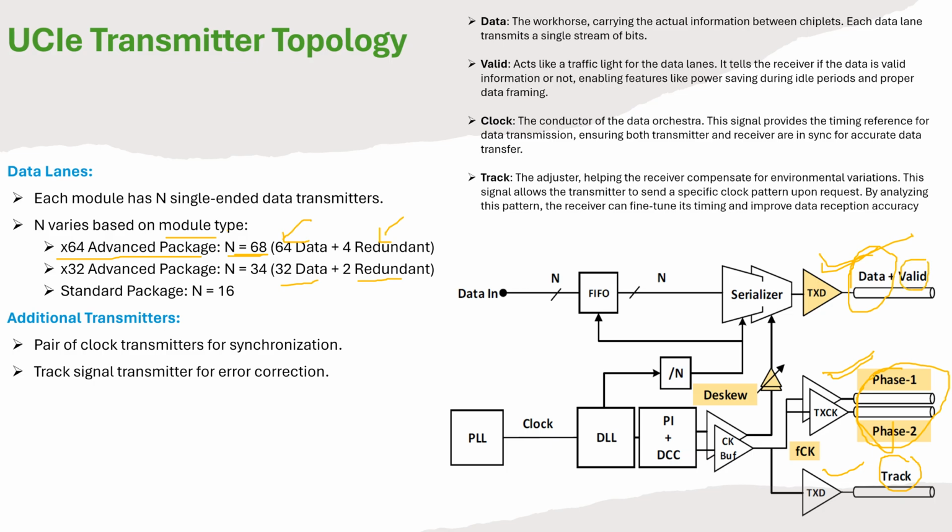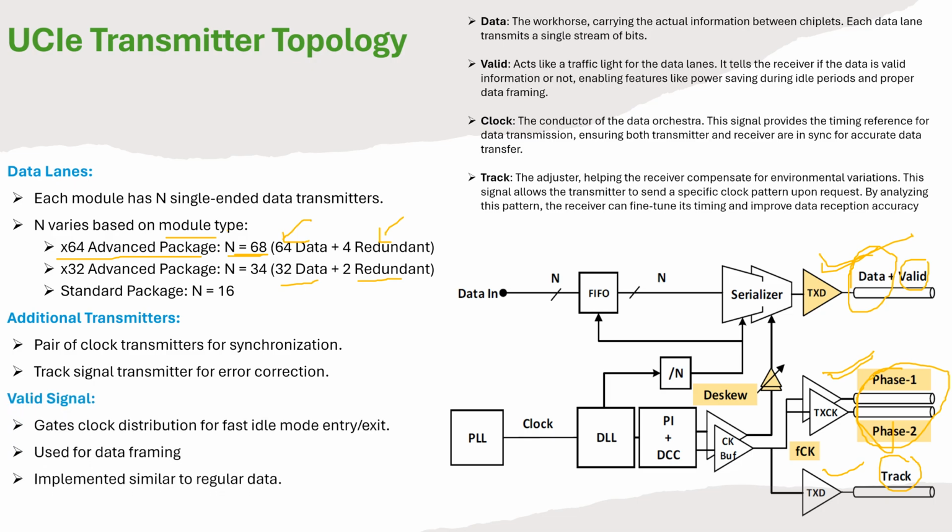So the valid signal we understood now, right? What is the meaning of valid signal? It gates clock distribution for fast idle mode entry and exit, is used for data framing, and is implemented similar to regular data. I think we got a pretty good picture of the transmitter topology.